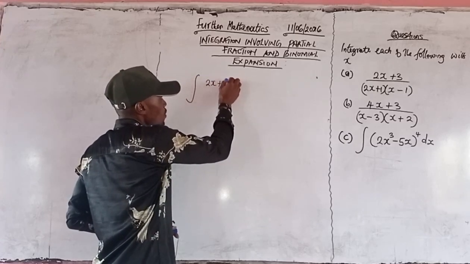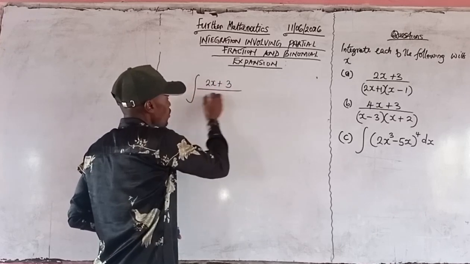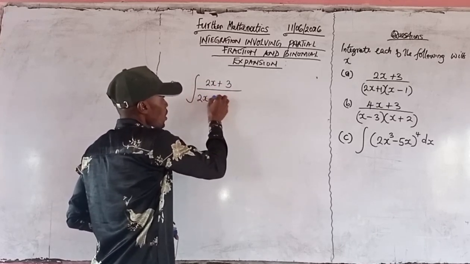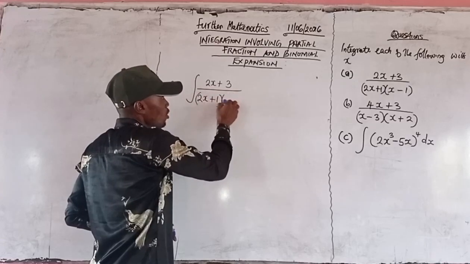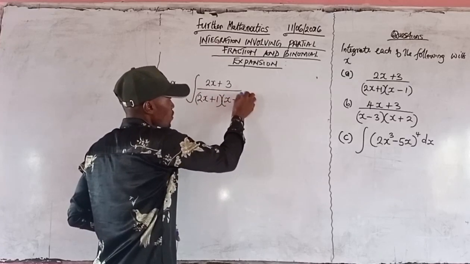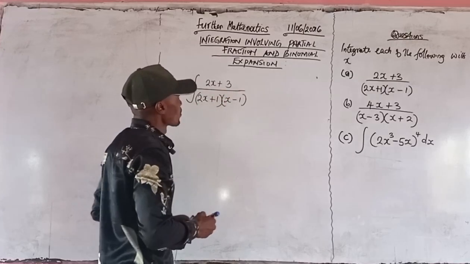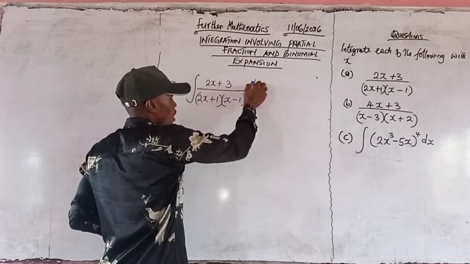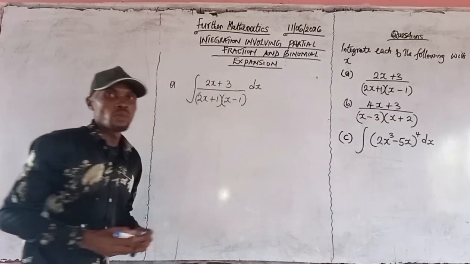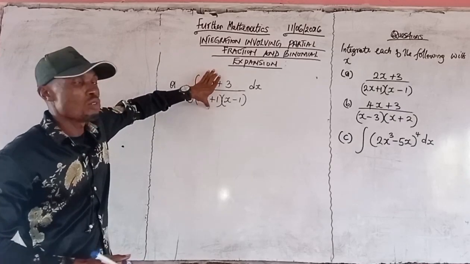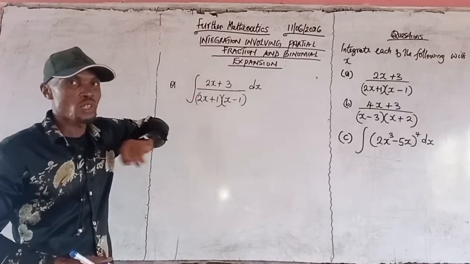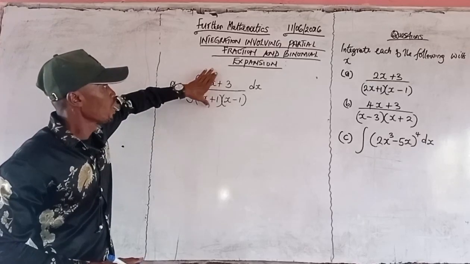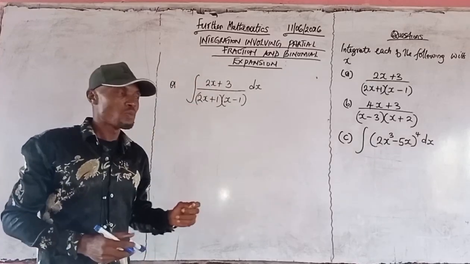2x plus 3 over (2x plus 1)(x minus 1), of course with respect to x, so we are going to have the dx here. It is a compound fraction that cannot be reduced into a simpler form.